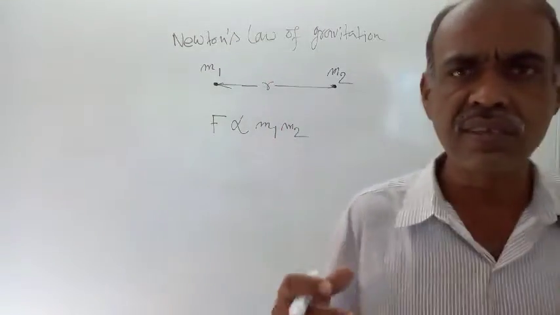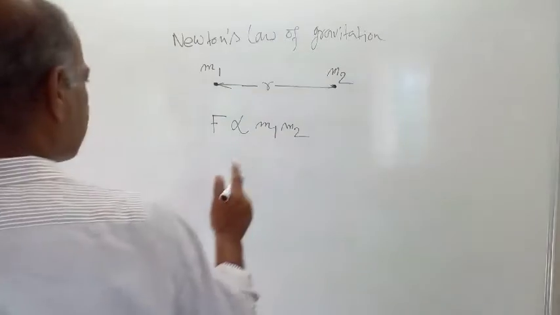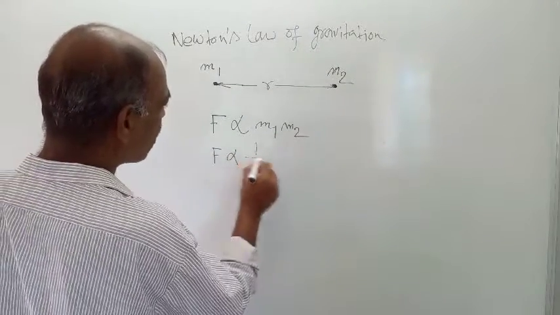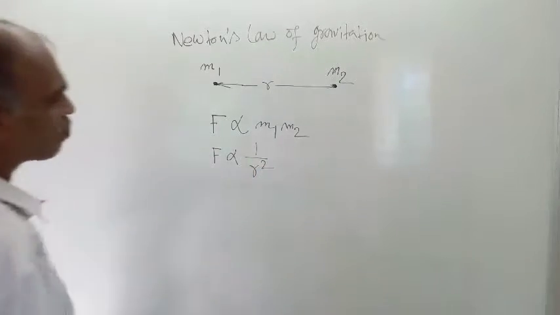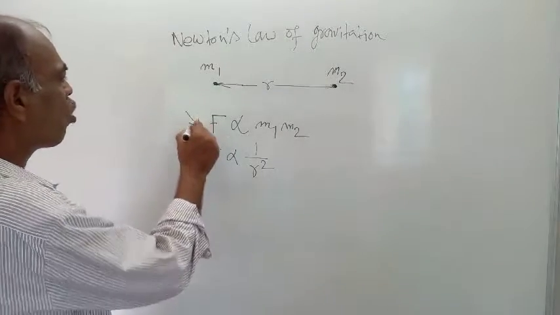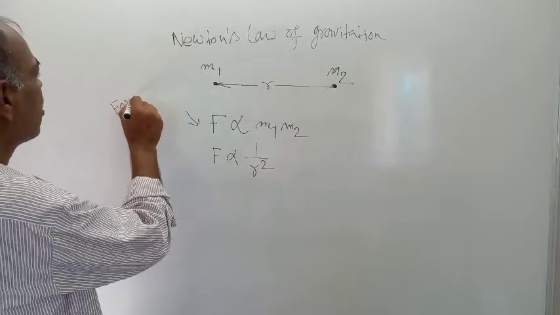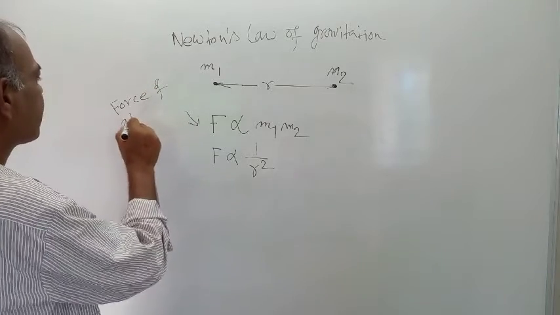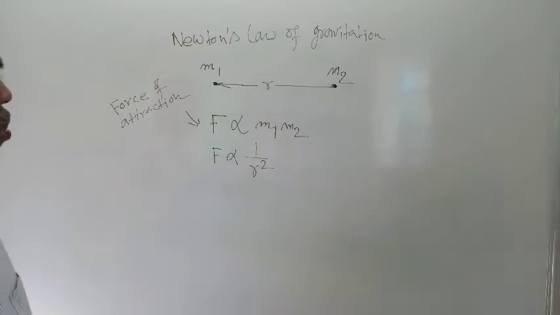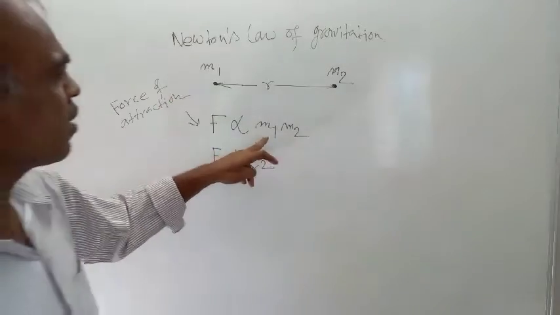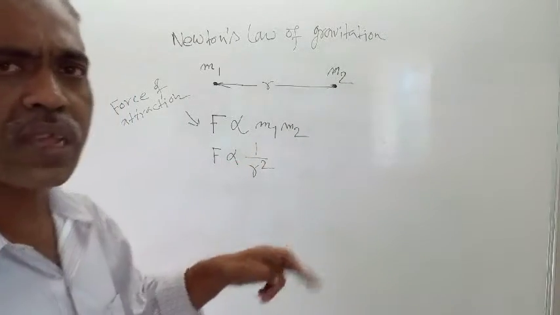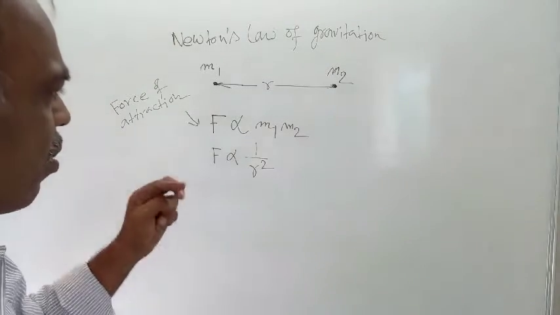So the force of attraction is directly proportional to the product of their masses, and the same force F is inversely proportional to the square of the distance between them.